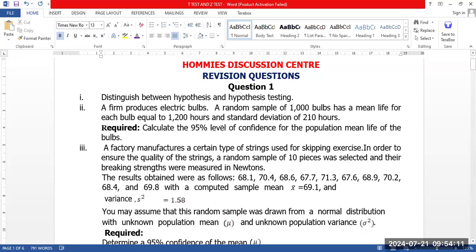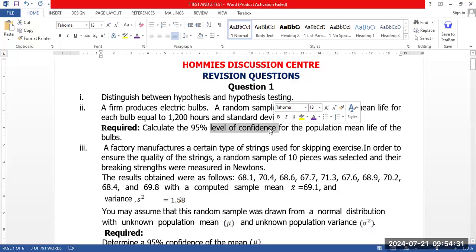I am given the percentage. This is a percentage of accuracy, that's why you have confidence. Level of confidence is like the percentage of accuracy.